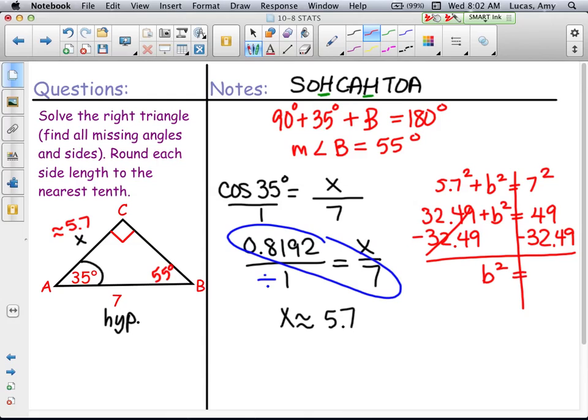B squared is 16.51, and then take the square root. And B is about 4.1. So this side is about 4.1. So now we've found all of the side lengths and angles that we're missing.